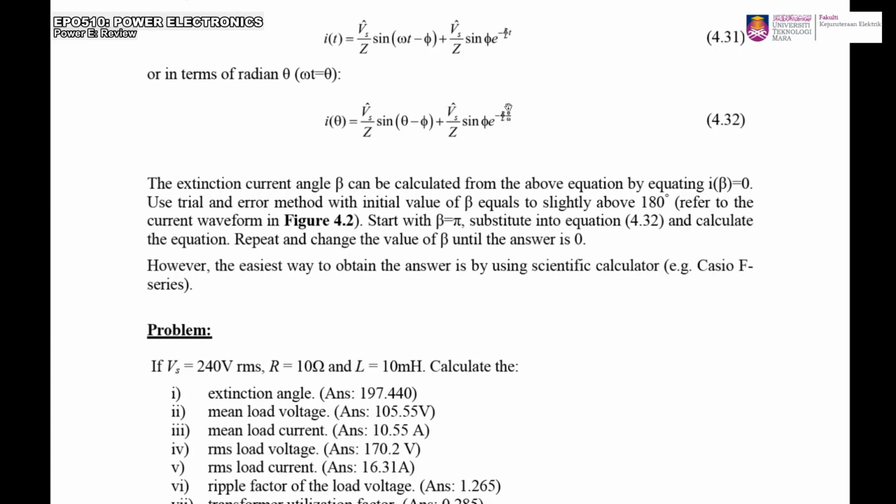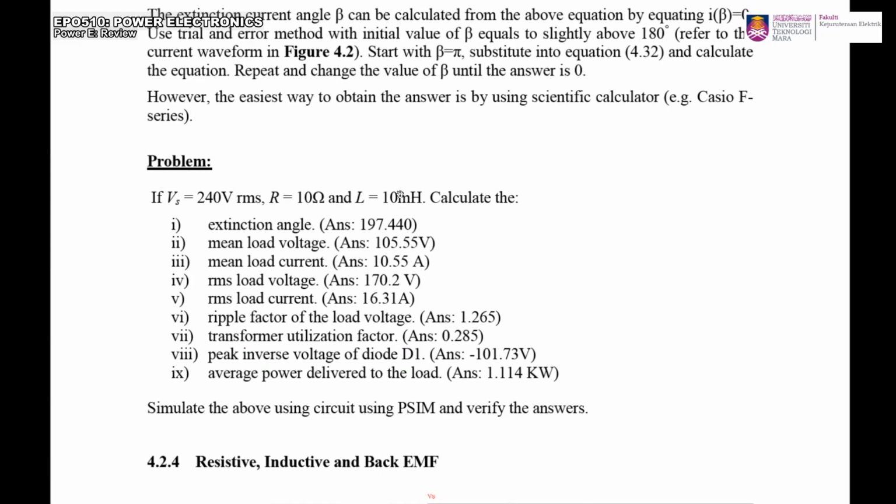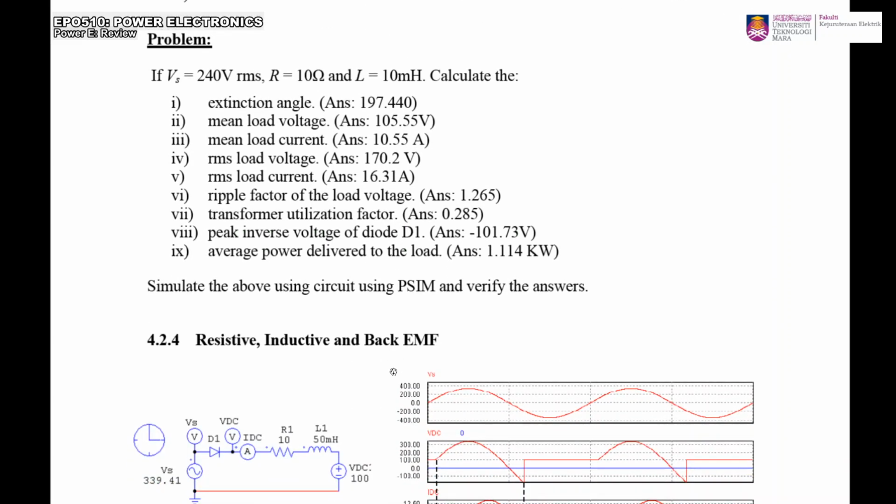So you use the equation and put in the value of theta and everything, so you can look for your beta when you set this equation equal to 0. And please use PSIM again to verify the equation.